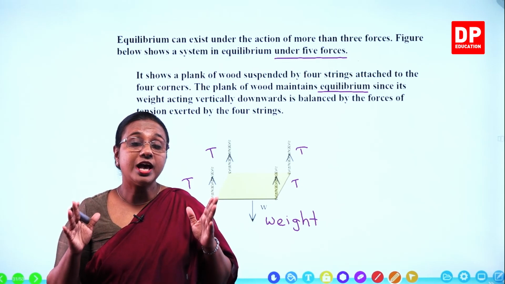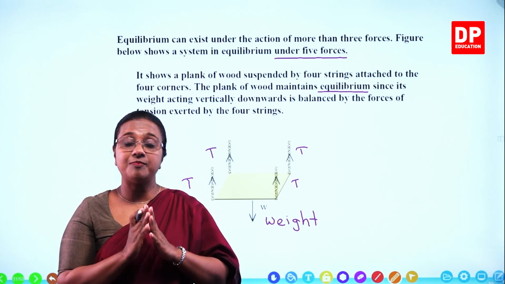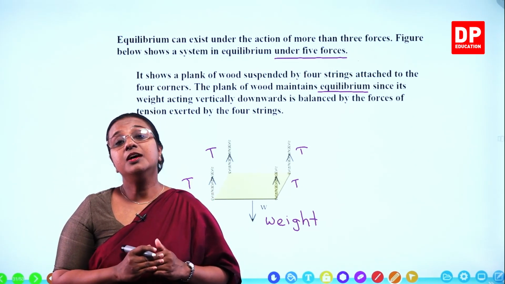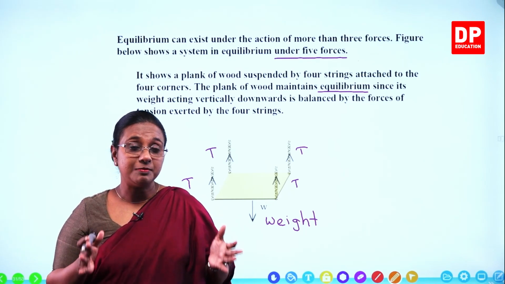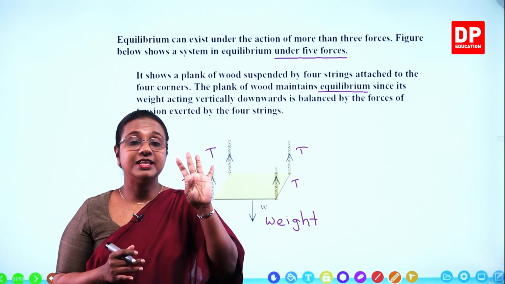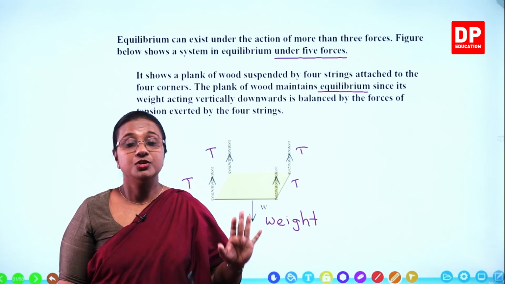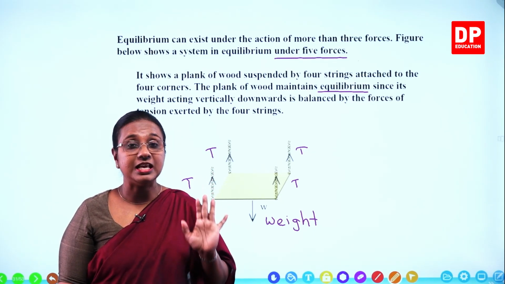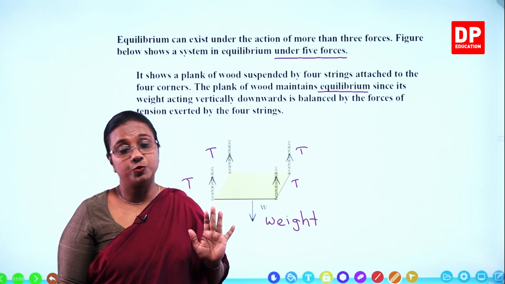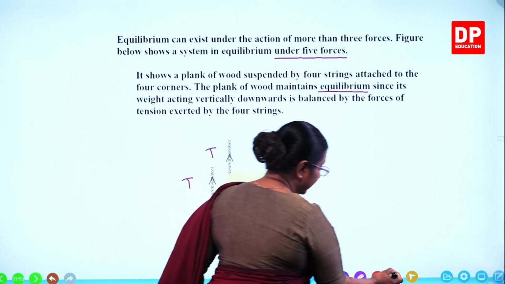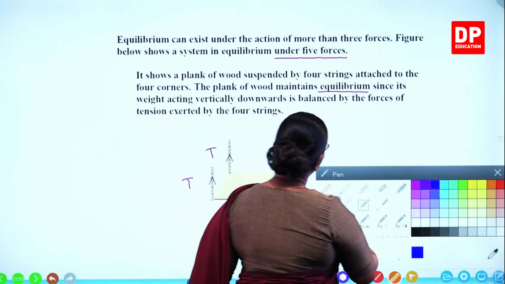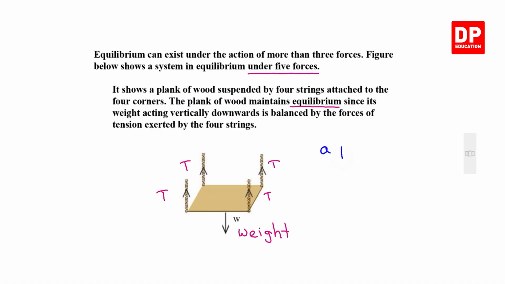So there will be 4 forces acting upwards, and the weight of the chair with the person will be downwards. So there again there are 5 forces. So there also the system is in equilibrium under 5 forces. So here I'll write that as an example. A person sitting on a chair.